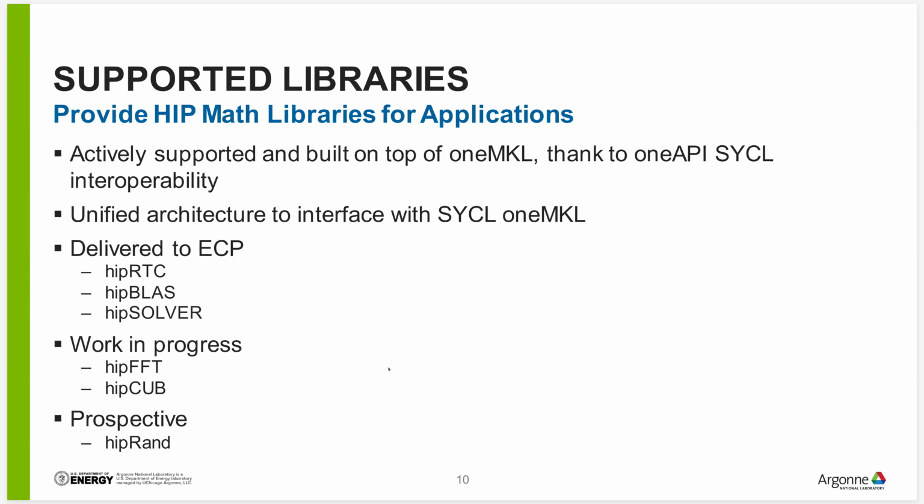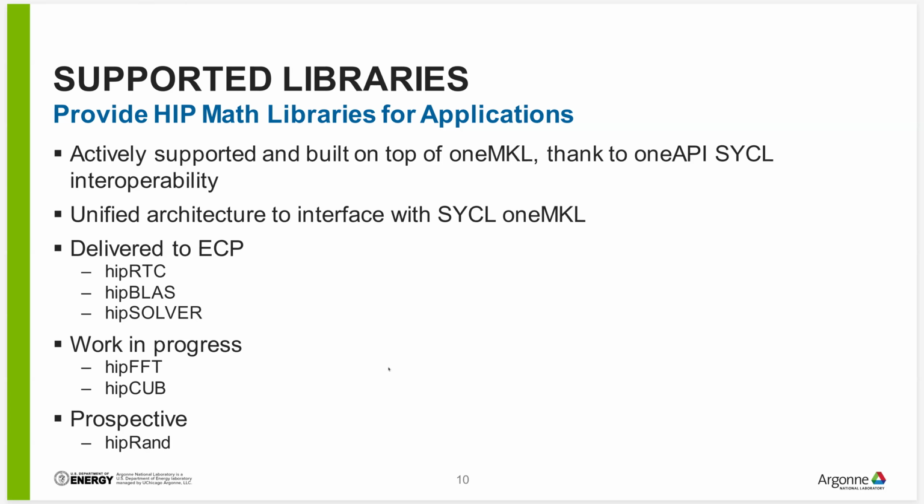They are built on top of OpenCL, and we have a oneAPI SYCL interoperability built in our project to allow this. We designed a unified architecture to abstract OpenCL and allow building the HIP libraries on top of it as seamlessly as possible. And I need to thank our Oak Ridge partners for this work.